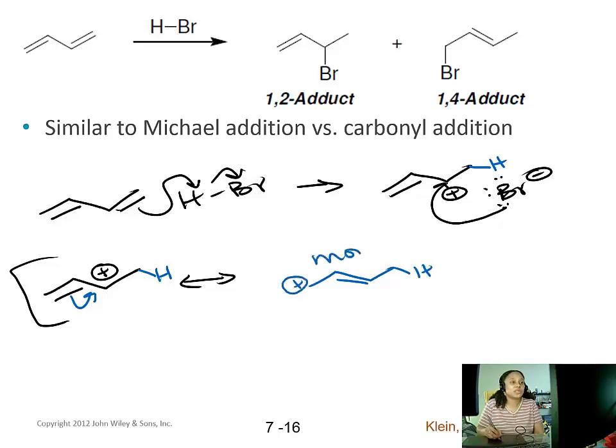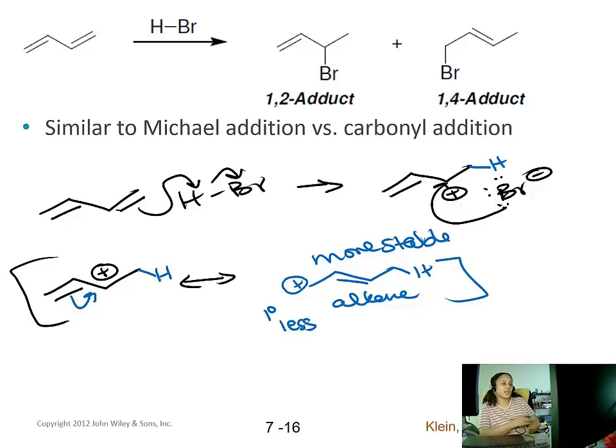So this is more stable, but it does take some effort to move that resonance structure over. So in terms of the alkene, this is a more stable alkene, but in terms of having a primary carbocation, it is less stable. Even though it's next to the double bond, this one is a secondary next to the double bond. So in terms of the cation, it's less stable. The alkene is a more stable product.